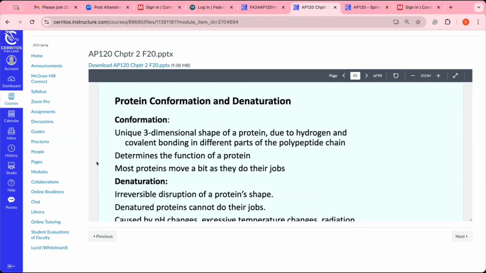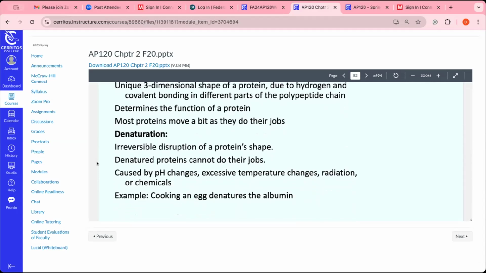Those cells die. Another form of denaturation is radiation poisoning, when you have X-rays and the proteins can't do their jobs. Denaturation is caused by pH changes, excessive temperature changes, radiation, or chemicals.